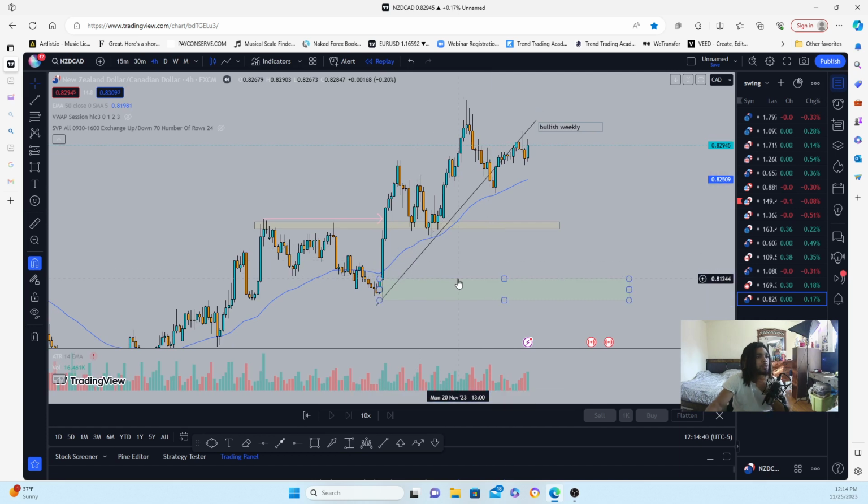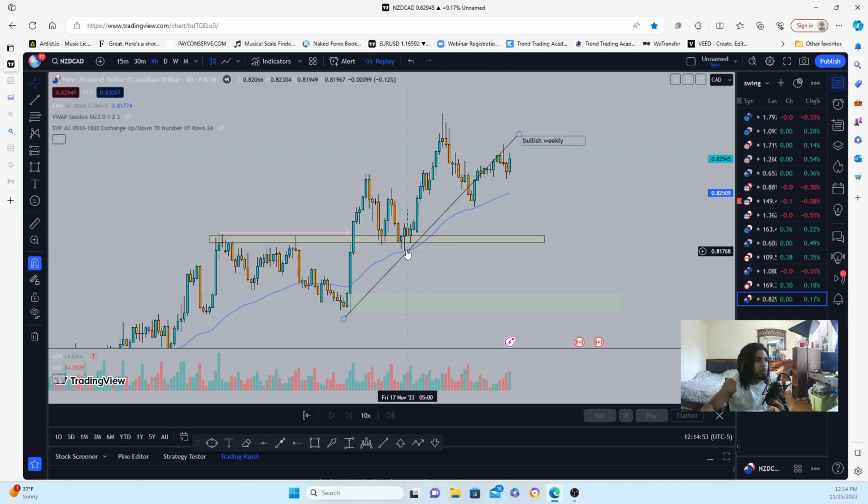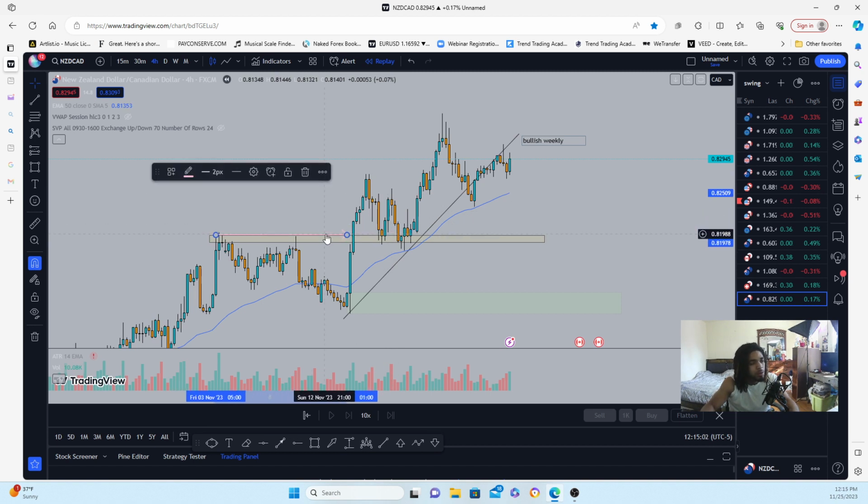Okay. So with this one, I do want to see price come back to this area. This is the last order block. Ooh, actually, technically, there's an order block right here because it broke structure here as well. So boom, broke structure right here.